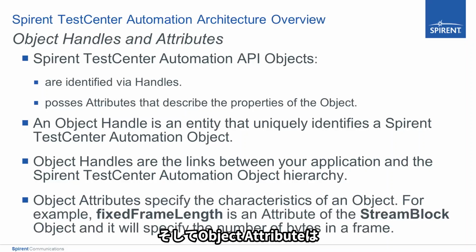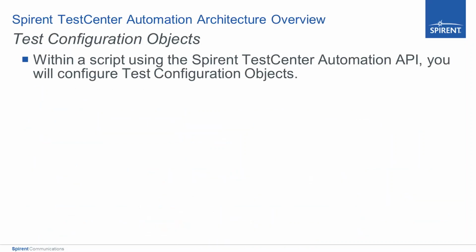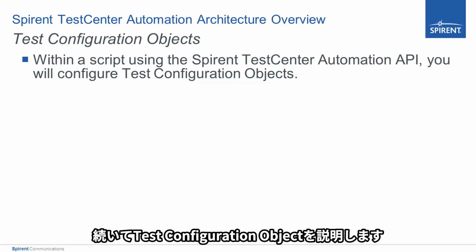Object attributes specify the characteristics of an object. For example, the fixed frame length attribute of the stream block object will specify the number of bytes in a frame.